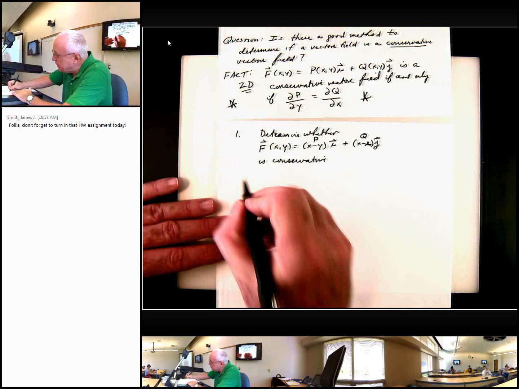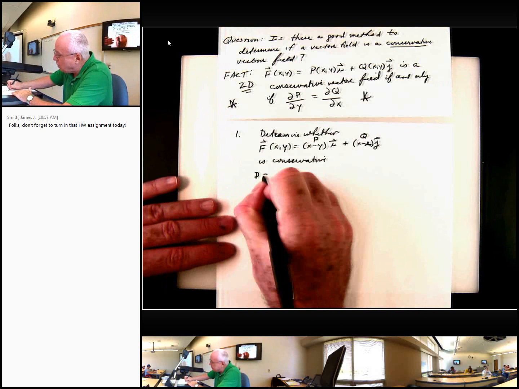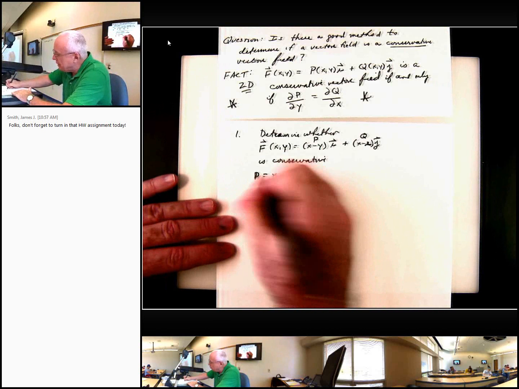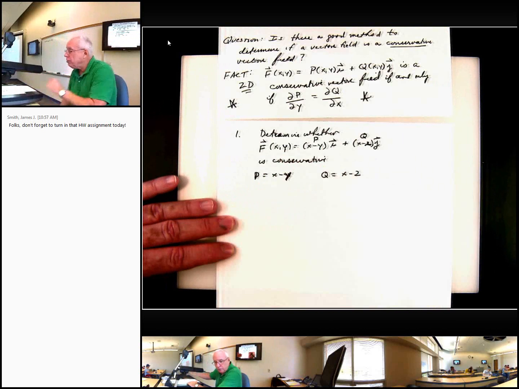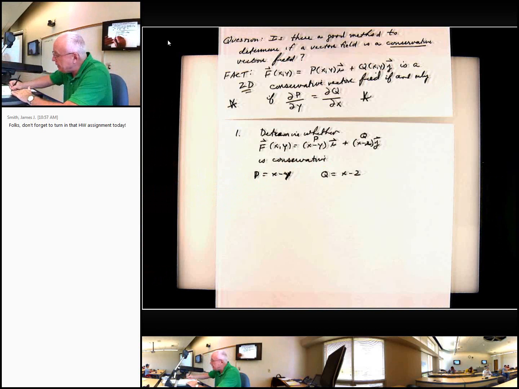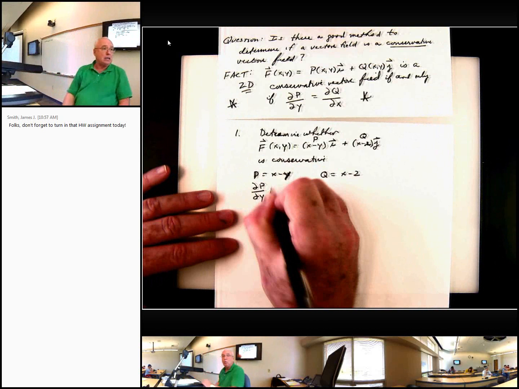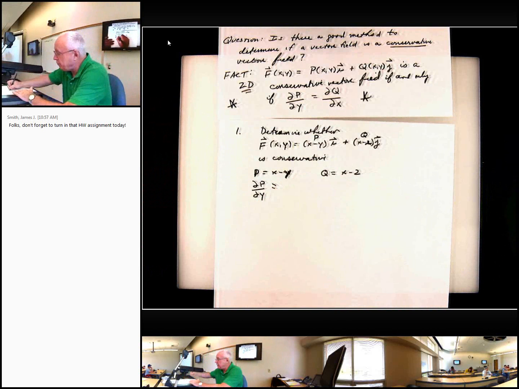So therefore our p is x minus y, and our q is equal to x minus 2. So what we do is we take p and do the partial derivative of p with respect to y, and we get -1.